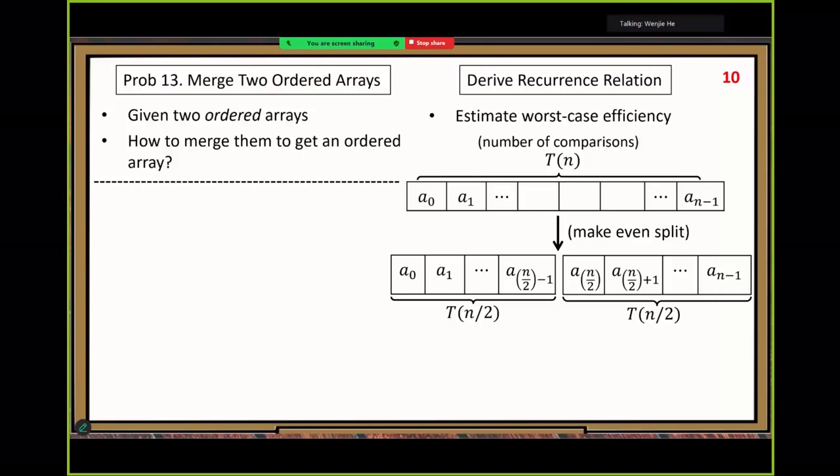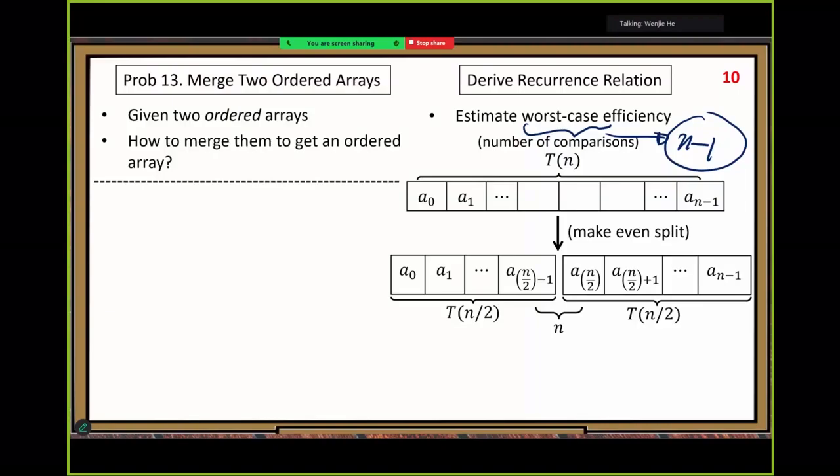When we do the merge operation, we use the worst case formula. We know the worst case formula tells us it's n minus 1, the total number of elements n minus 1.